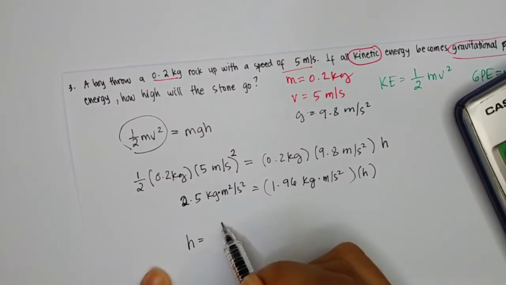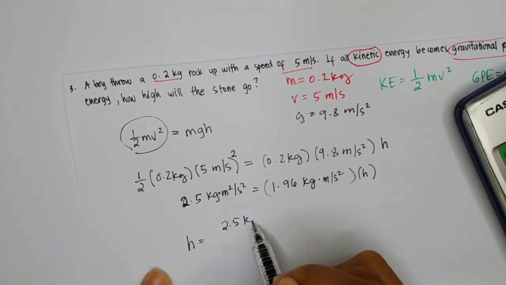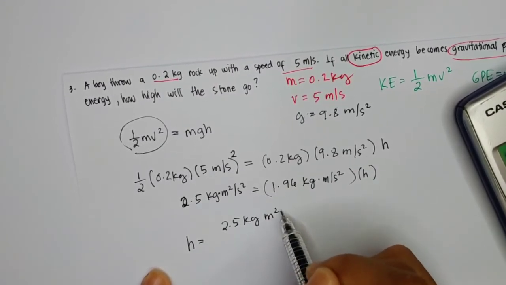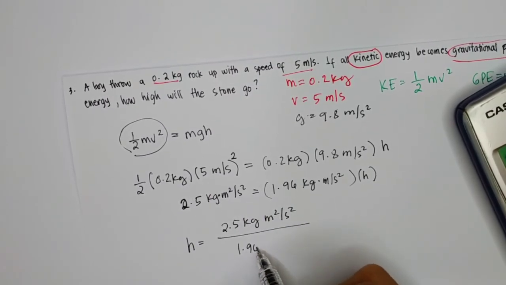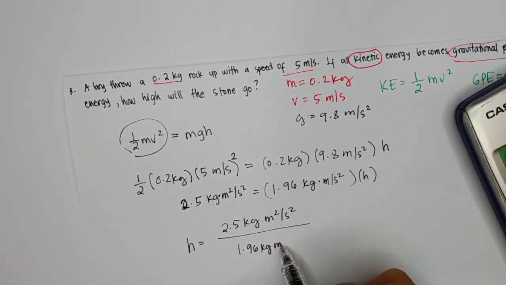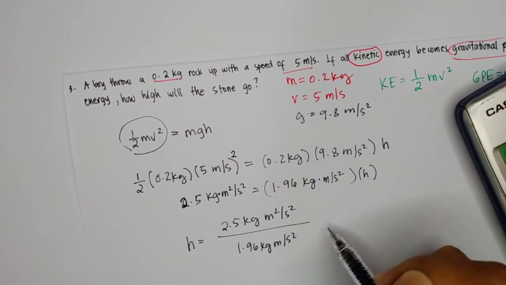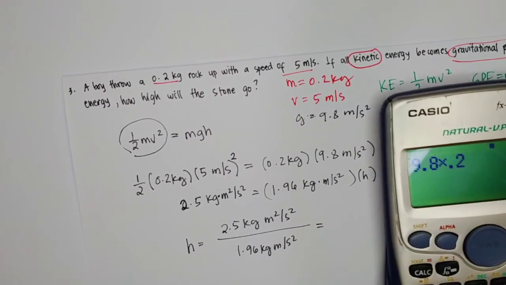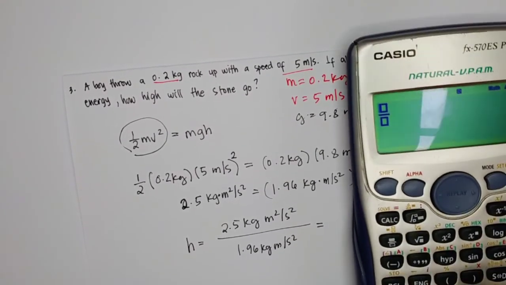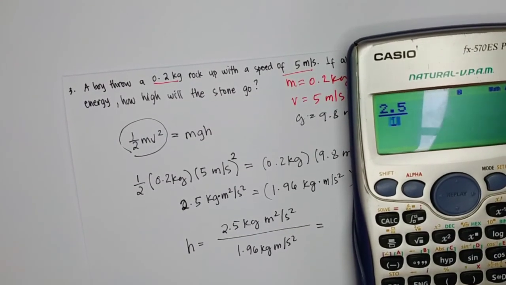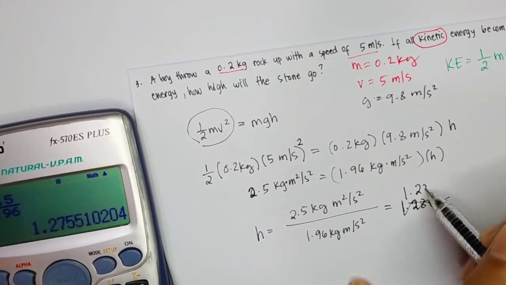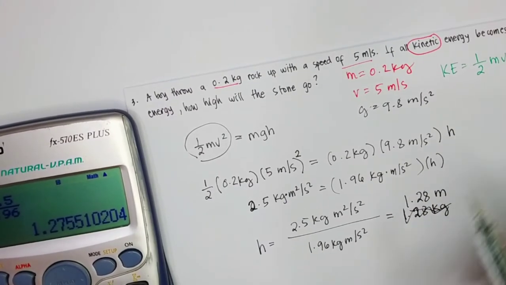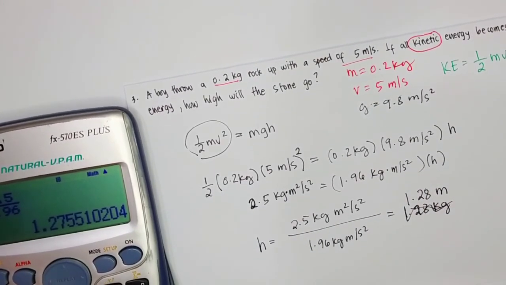Height will be 2.5 kilogram meter squared per second squared over 1.96 kilogram meter per second squared. So our height will be 2.5 divided by 1.96, which is 1.28 meters. That is the height the stone will reach.